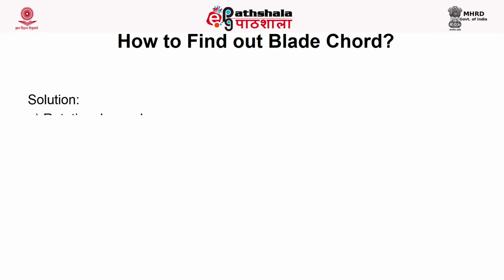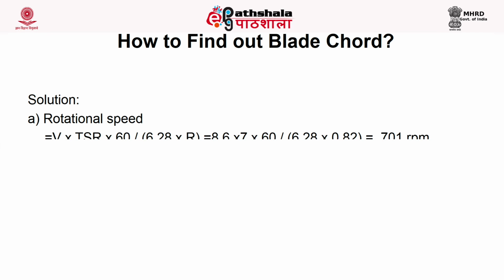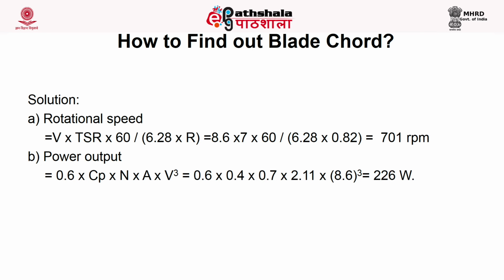Then we will get rotational speed as 701 rpm. And for the power output, apply the formula of 0.6 into the power coefficient multiplied by N multiplied by A, that is area, multiplied by cube of the velocity. We will get 226 watt.